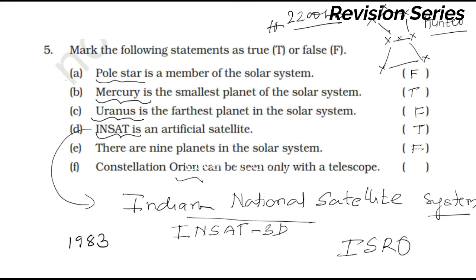It will be just above our head. And it slowly moves towards west. So from east to west it moves, and it's a very clear constellation, right? And it can be seen with the naked eye. We don't require any telescope. So again it's false. Right? So these are the answers.